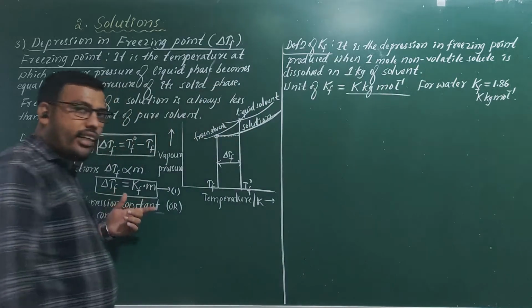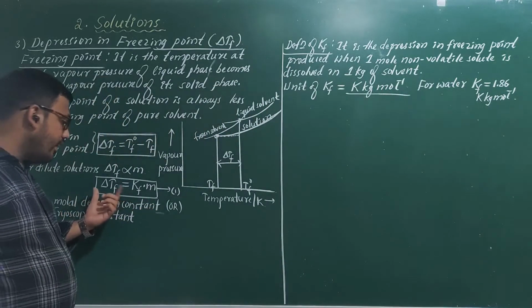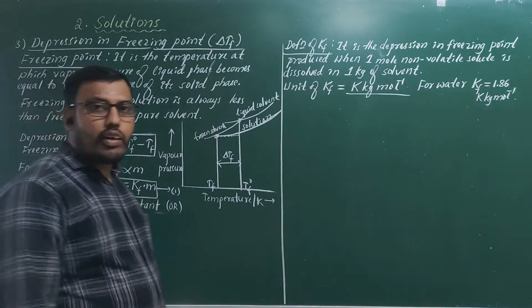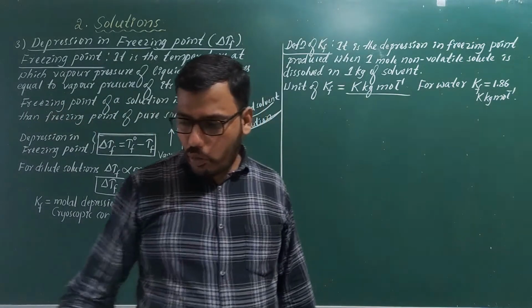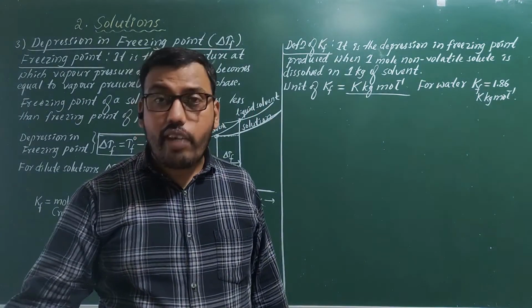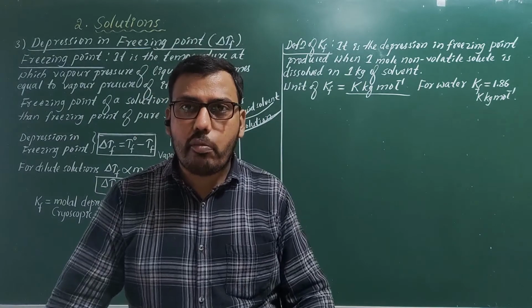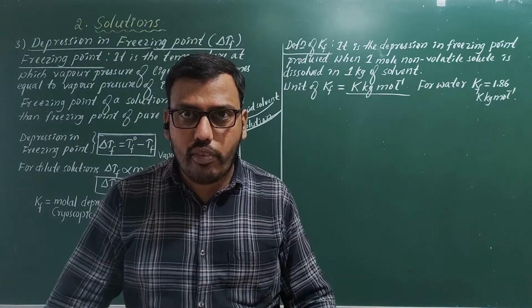So dear student, see equation 1. Delta Tf is equal to Kf into small m. What is small m? It is molality. Now I will substitute the value of molality in order to get the formula for calculation of molar mass.